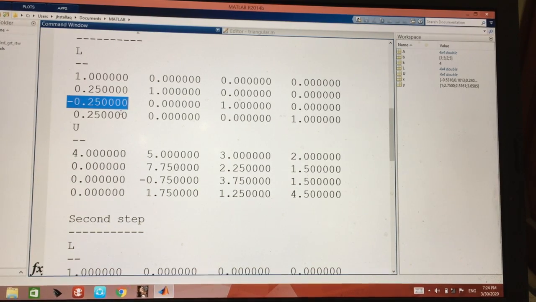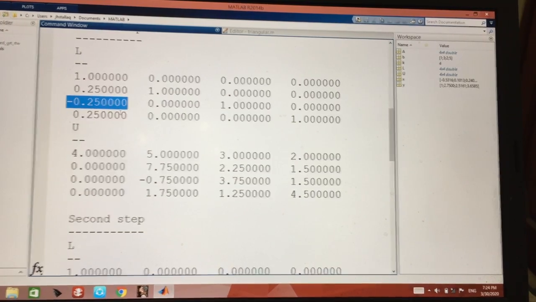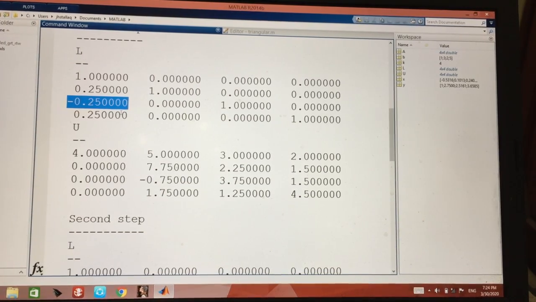And we come to the last one, A1 row 4, 5, 3, 2, we multiply it by A41 divided by A11. If we go back, A41 is 1, so it will be 1 divided by 4, which is 0.25. So that's why you see in MATLAB we have 0.25 here.